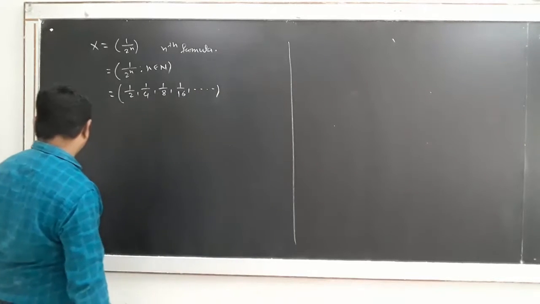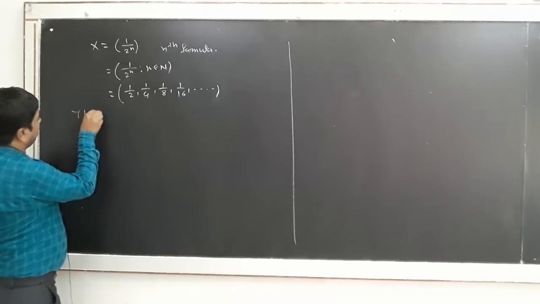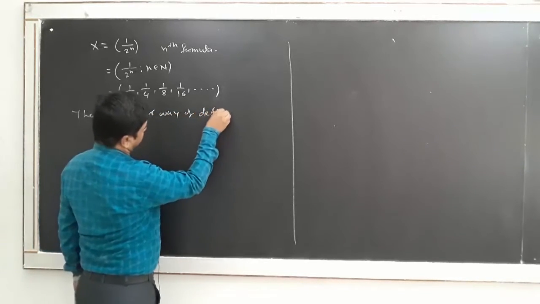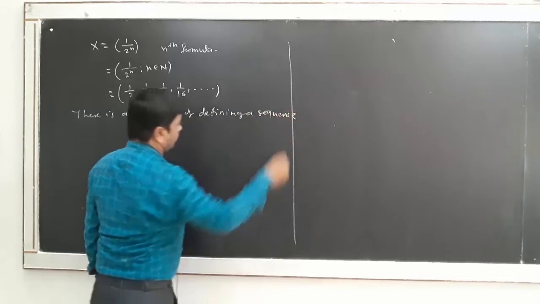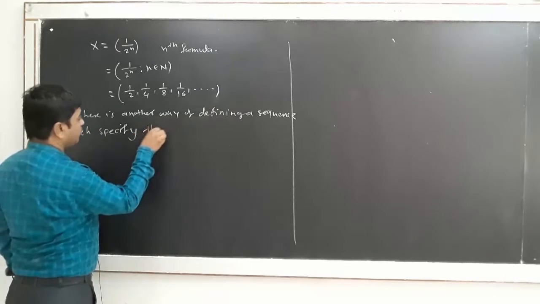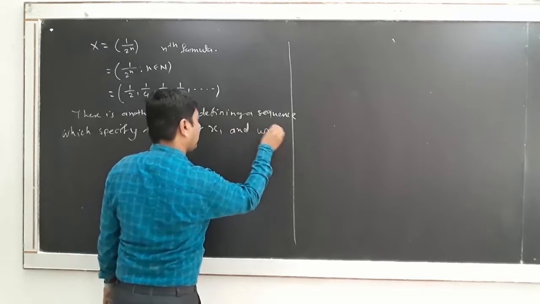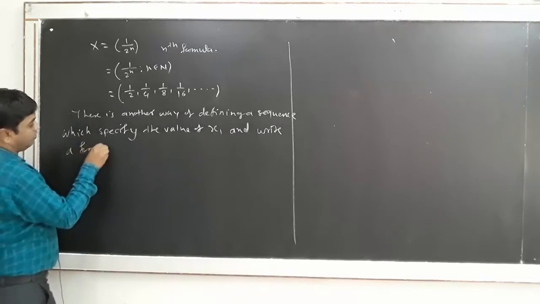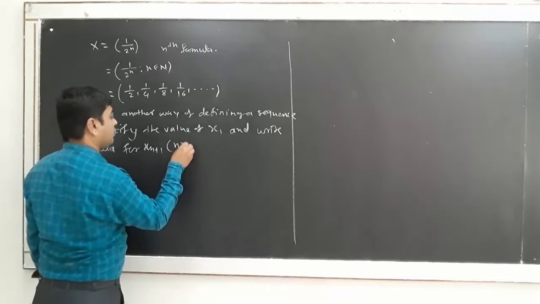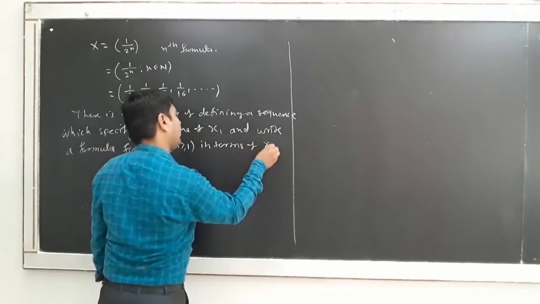Okay? So there is another way of defining a sequence, which specifies the value of x1 and writes a formula for xn plus 1, for all n greater than or equal to 1, in terms of xn.